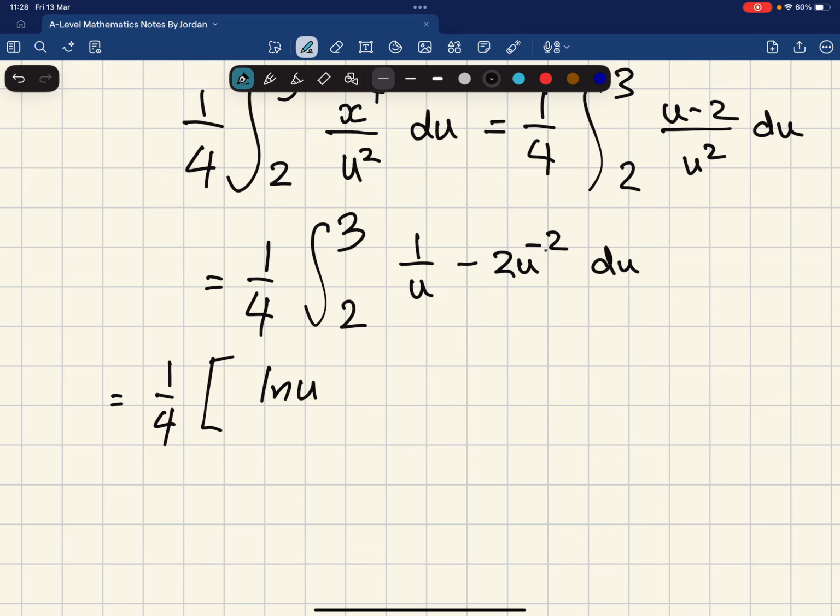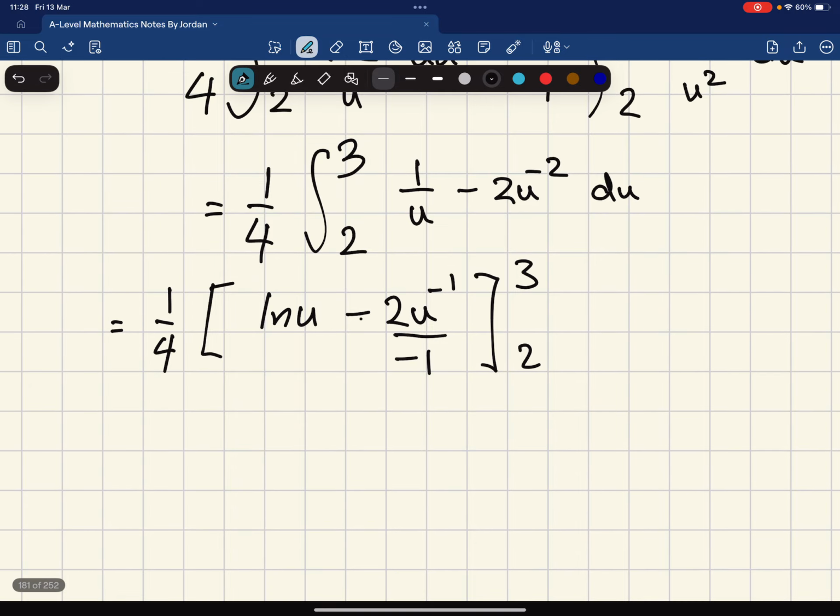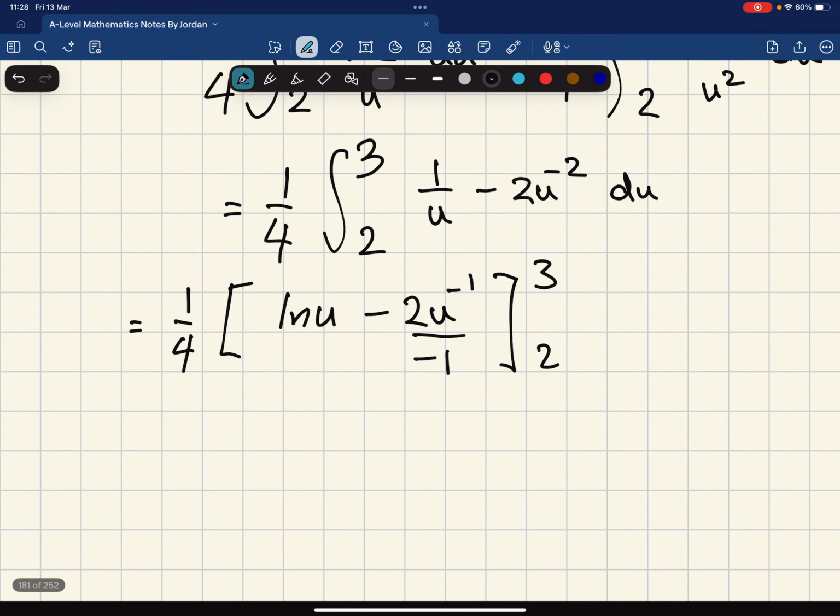And then here what we need to do is raise the power by 1 and divide by the new power, which will give us this. Now notice minus sign at the top, minus sign at the bottom, which will cancel. 2 divided by 1 is just 2. So I'll simplify this further to this, because remember, u to the minus 1 is 1 over u. So it's 2 over u.